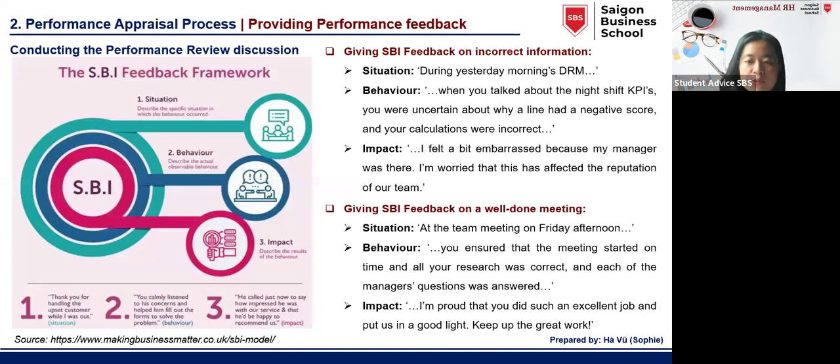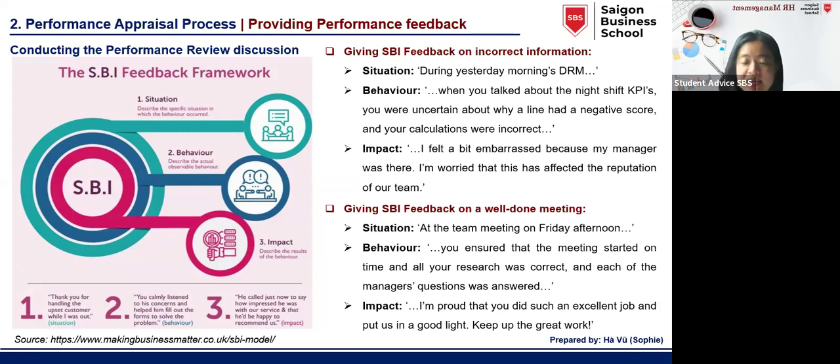Here's the breakdown of the structure. Firstly, the situation. Define the where and when of the situation you are referring to. This puts the feedback into context and gives the employee a specific setting as a reference.